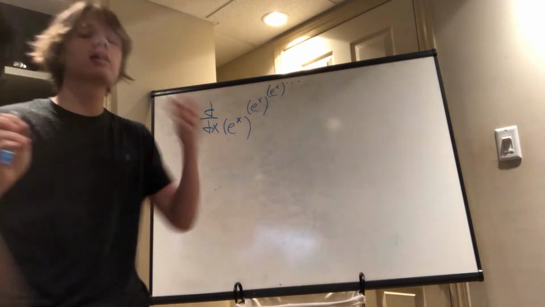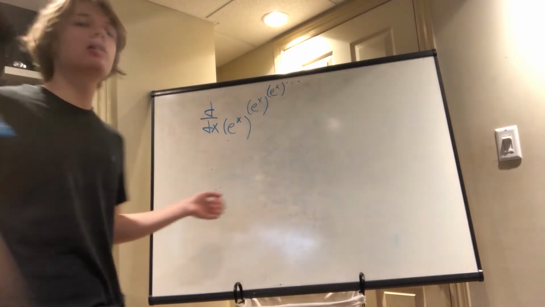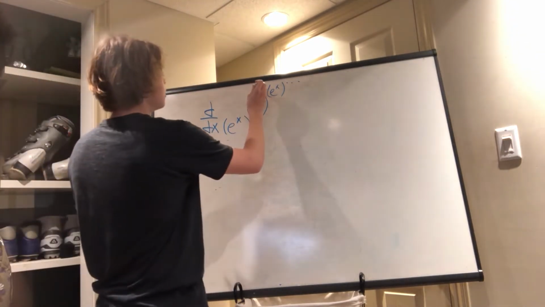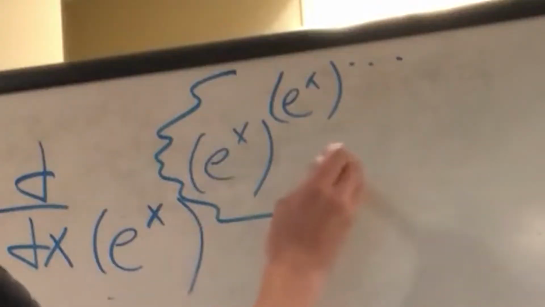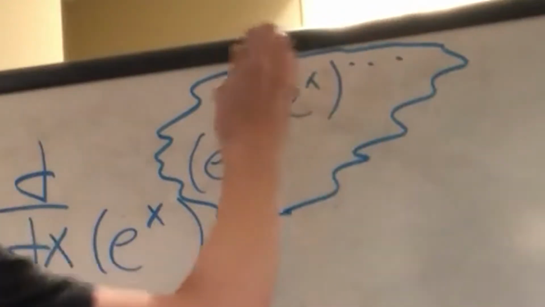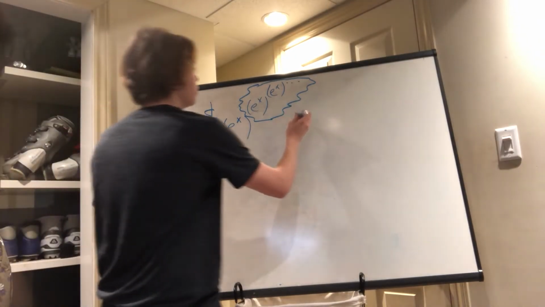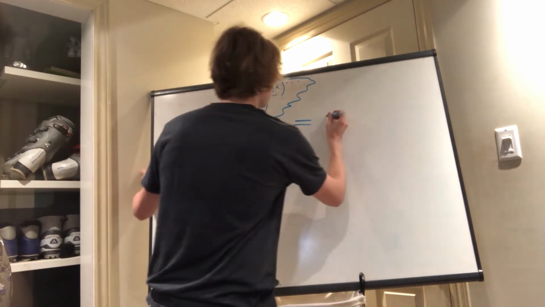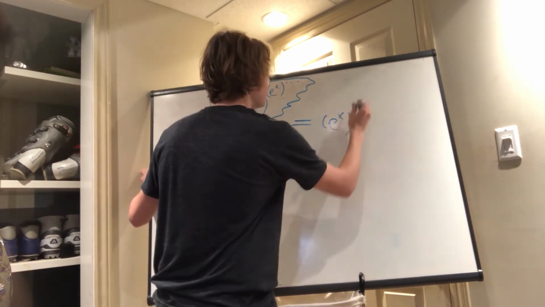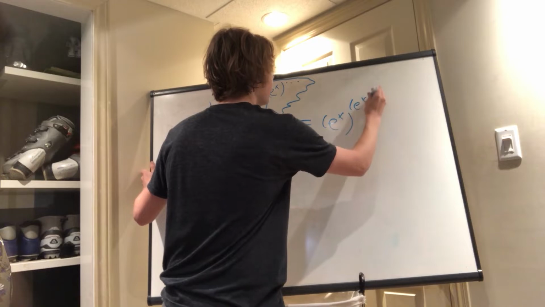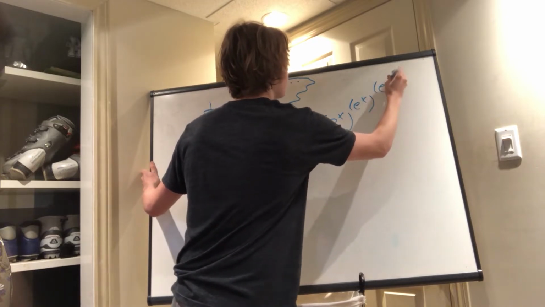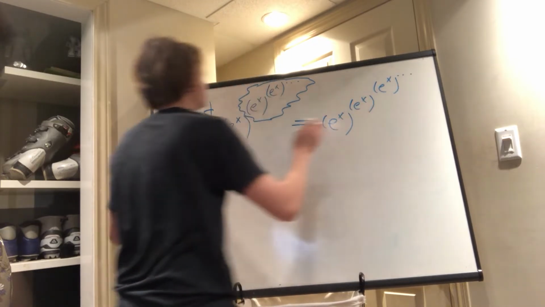So first thing you have to notice is that all of this equals the standard e to the x, to the e to the x, to the e to the x, to the dot dot dot.